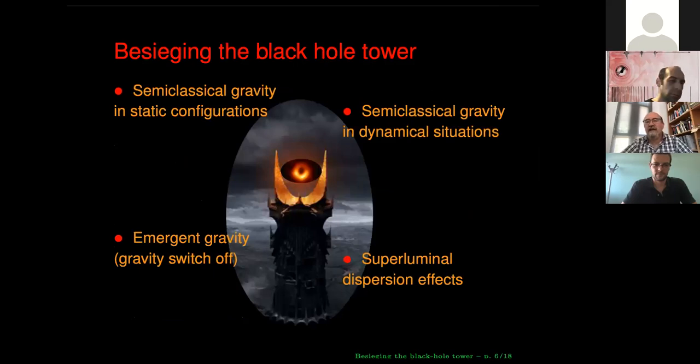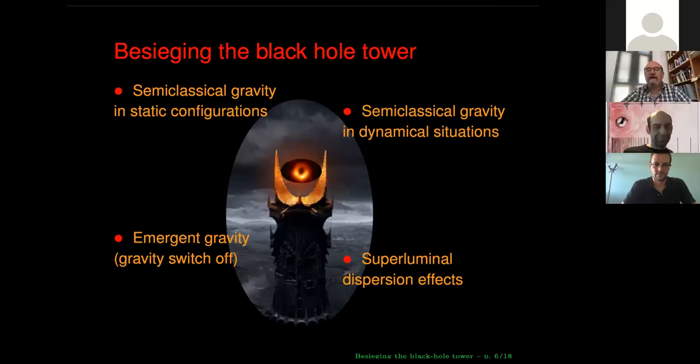So my personal besieging of the black hole tower is based on different approaches that are mixed up and logically connected. On the one side, and the one that I'm going to talk about more extensively today, there are semiclassical gravity arguments based on searching for static, self-consistent configurations that are solutions of the semiclassical Einstein equations.